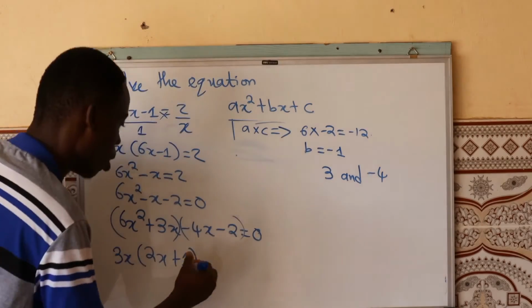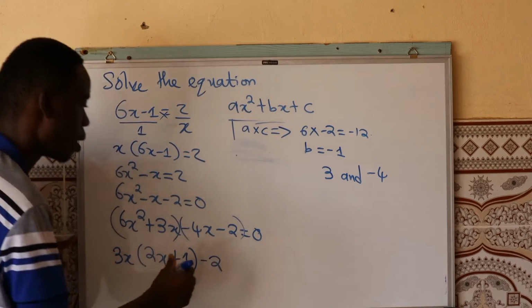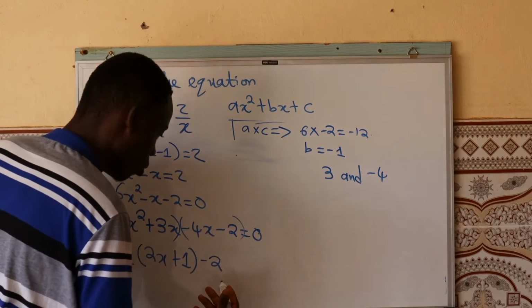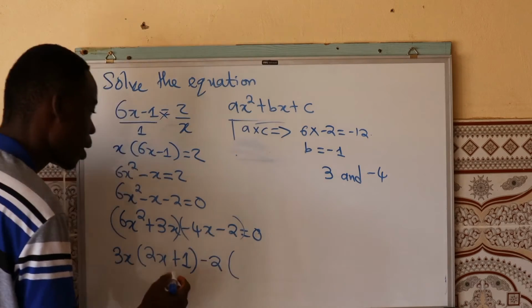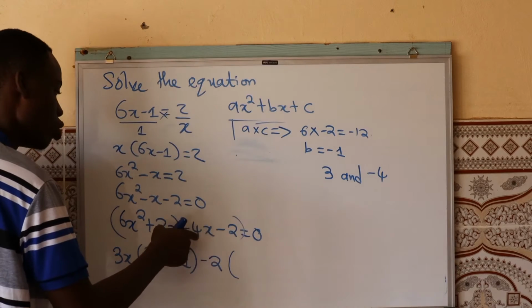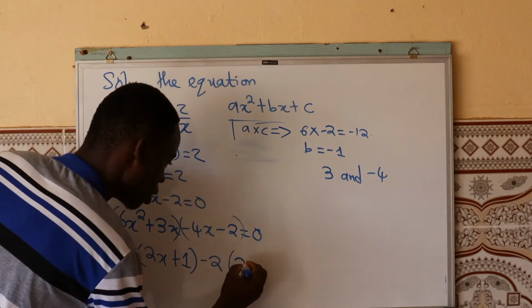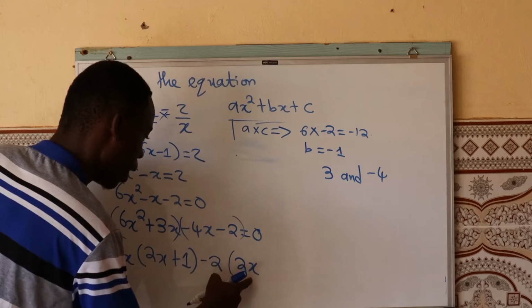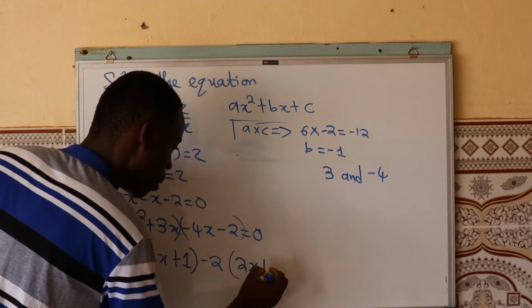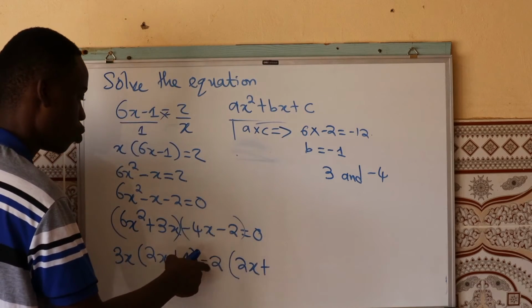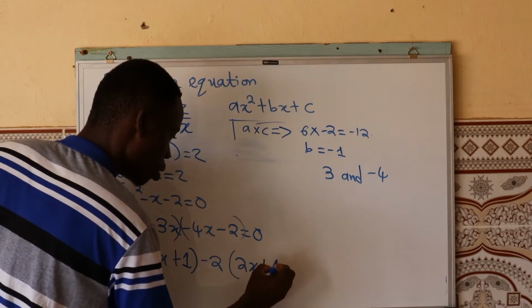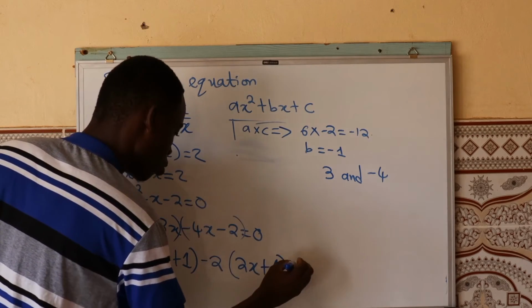And here, we're going to get minus 2 as our common factor. Then open bracket, negative 2 into negative 4x is 2x. When we multiply the 2, we get back to this. Plus negative 2 into negative 2 is 1, which is equal to 0.